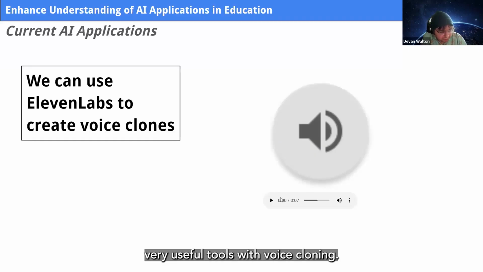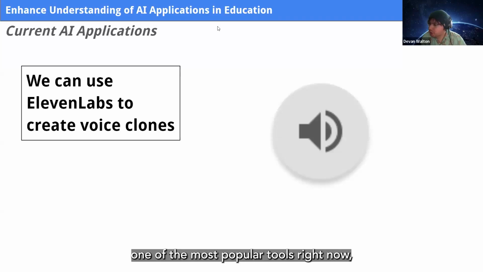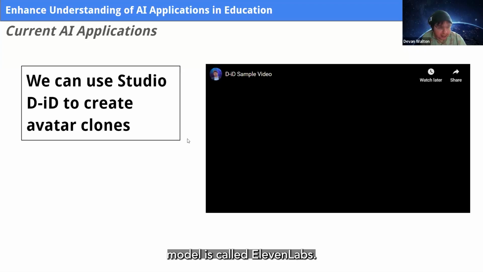There are also very useful tools with voice cloning. One of the most popular tools right now, the company that has probably the best voice cloning model, is called 11 Labs.